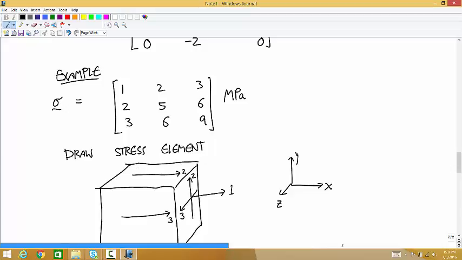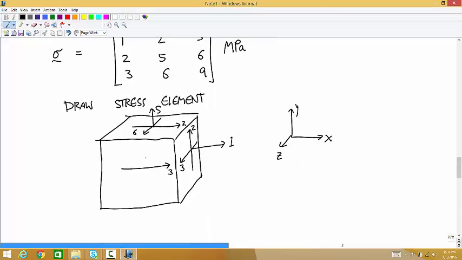And now we can go to the ones that we haven't filled in yet for the y face. The component on the y face in the positive y direction is 5. The component on the y face in the positive z direction is 6. And that gives us one more requirement for symmetry.